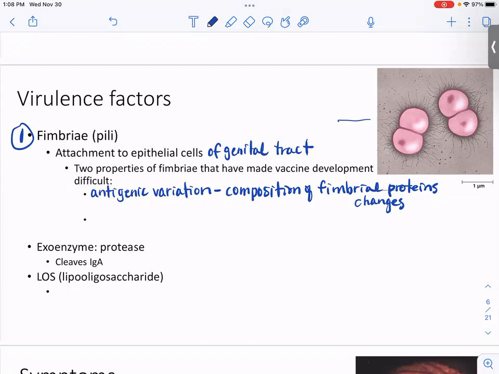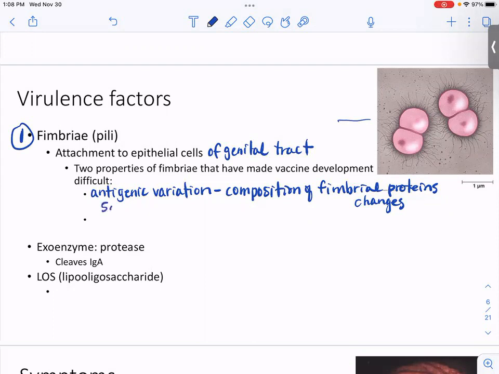So, remember, it takes about a week, 7 days, 10 days for us to make antibodies for a specific antigen. And once we do that, they're not good anymore because the composition has changed. So again, Neisseria gonorrhoeae is exceptionally good at doing that very quickly.